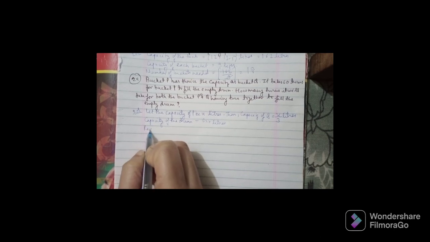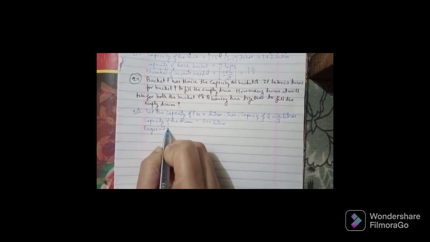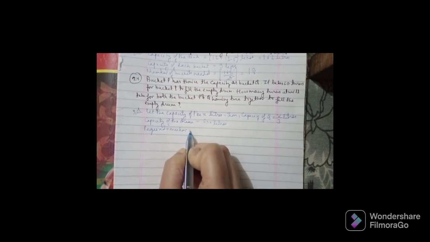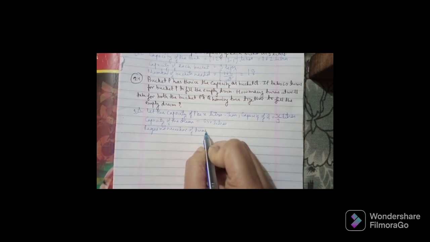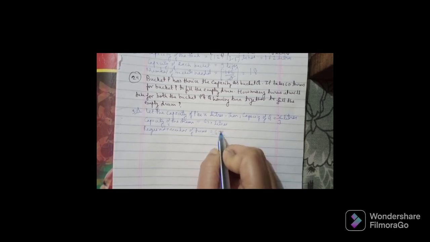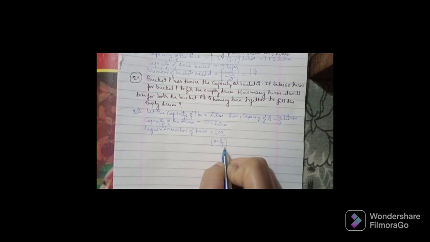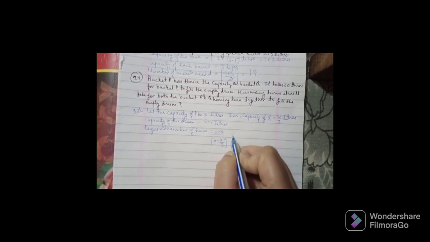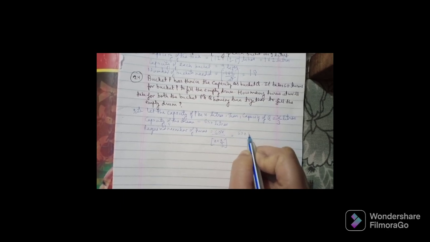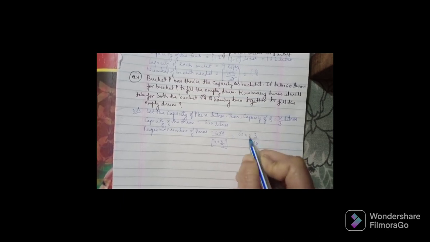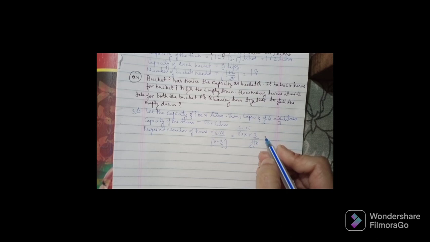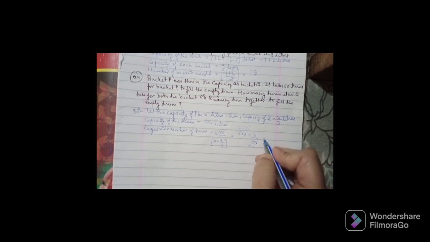So the required number of turns equals 60x upon x plus x by 3, which equals 60x into 3 upon 4x. The x cancels, and 60 into 3 upon 4 gives 15 into 3, so that will be 45.